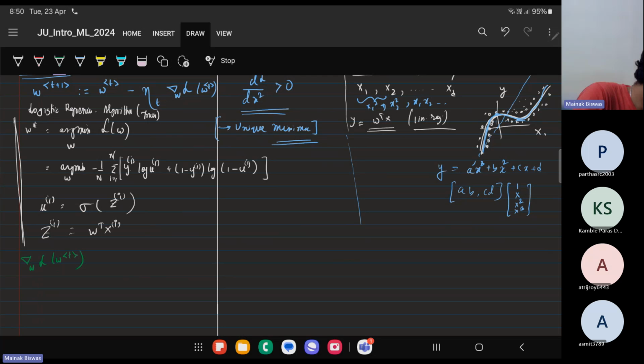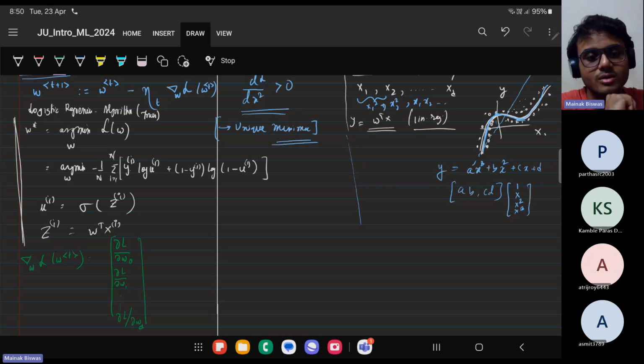So what does this mean? This is equal to dL/dw0, dL/dw1, up to dL/dwd, D dimensions. This is what I want.